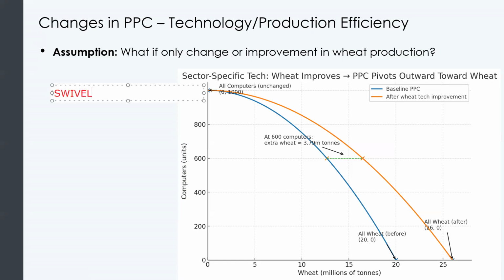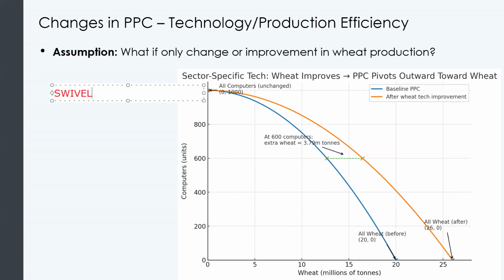A swivel of the production possibility curve. It means that the production possibility curve has only shifted on one side only. It has not shifted on both sides, but it has shifted on one side only. So that is called a swivel in economics.